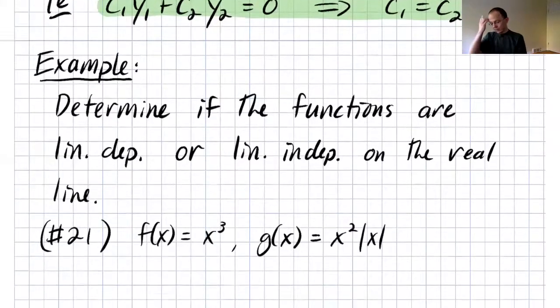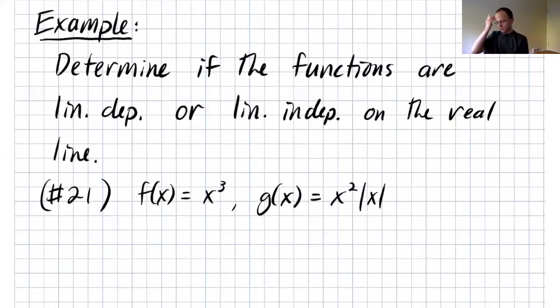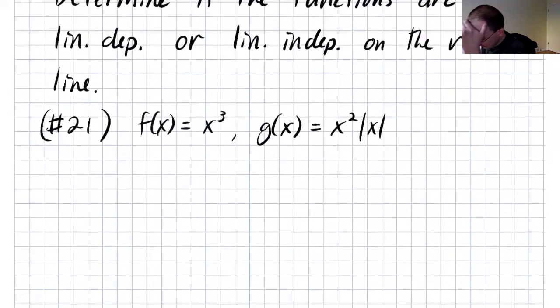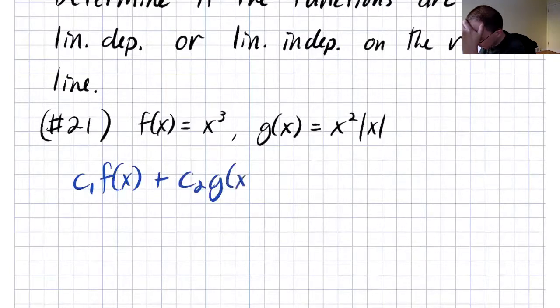So let's start out with this example. Determine if the functions are linearly dependent or linearly independent on the real line. That means for all real values of x. So let's use this idea that we take some C1 times the first function plus C2 times the second function, and we set that equal to 0.